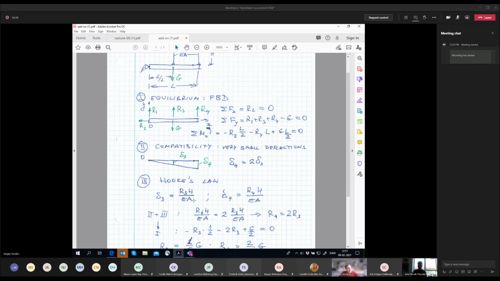But then we close the system writing Hooke's law, which gives us the 2 additional equations. So now we have the system of 4 equations. The first equation is the equilibrium with respect to the moments, this one. The second equation is the compatibility equation. And the third equation is Hooke's law written twice, for one string and for another string.